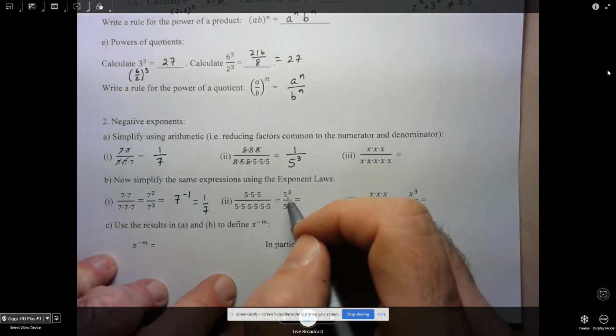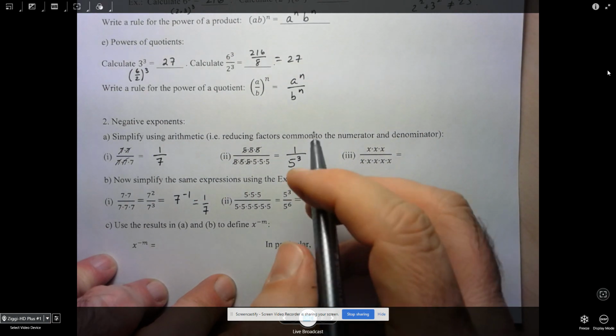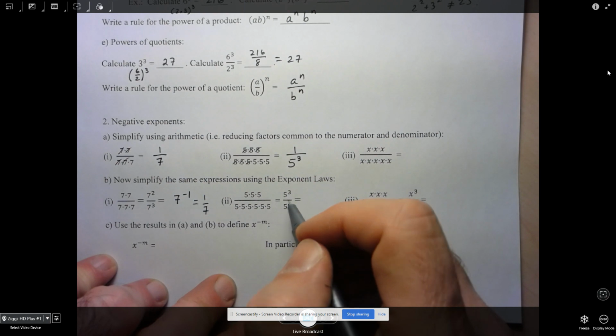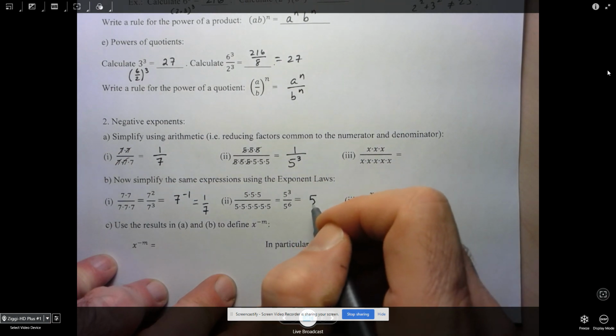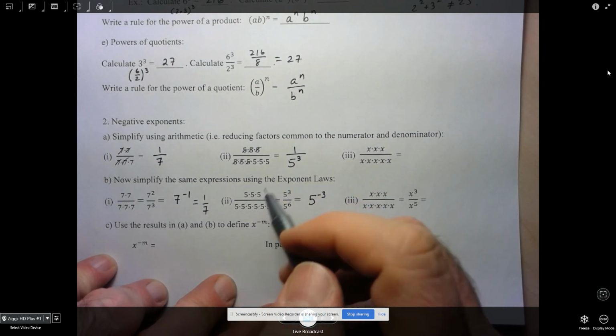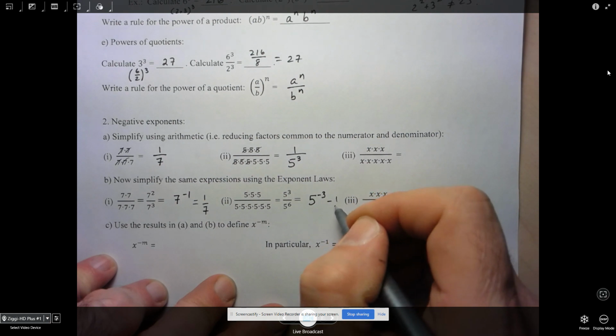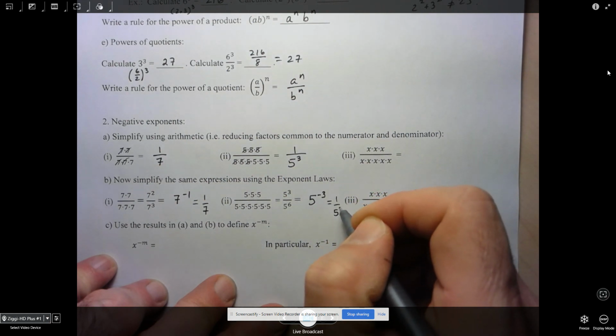So if I now have a quotient, I can again use the second exponent law and subtract the exponents. And what do I get? 3 minus 6 is negative 3. But remember, these two things were equal. So that means 5 to the negative 3 is equal to 1 over 5 cubed.